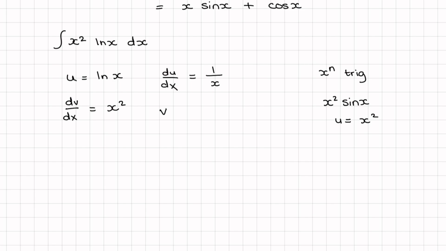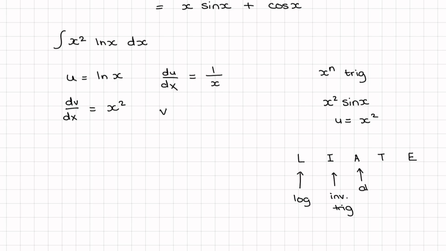There is an acronym that you might find useful to see the hierarchy of what you should pick as u. L stands for log, I is inverse trig, so functions like arcsine, arccos.